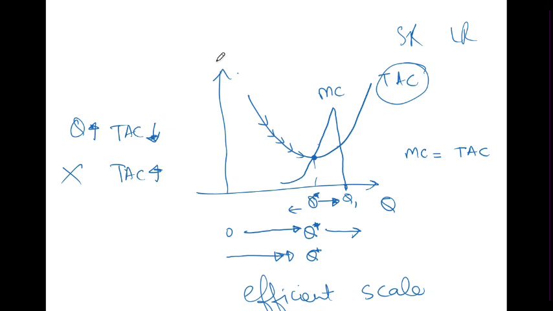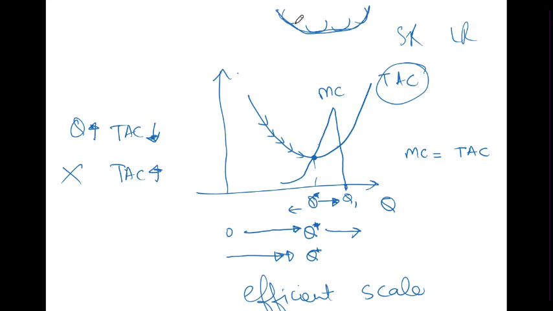And when the fixed cost increases, we'll eventually find out that the total average cost curve in the long run can look something like this, becomes flatter, and firms can choose. These smaller curves are the short-run total average cost curves, while the longer one is the long-run cost curve. But that we'll see in a minute.